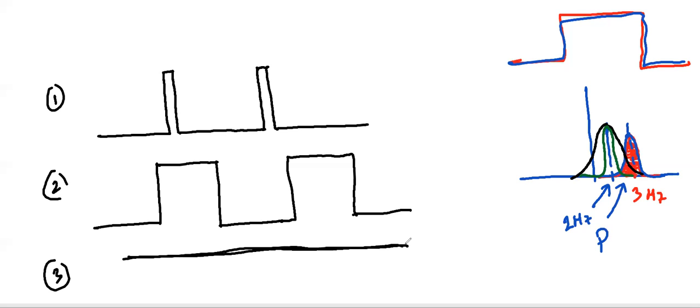So what are we expecting in case of number 3, if that is a DC value in the time domain? What do you expect in the frequency domain?